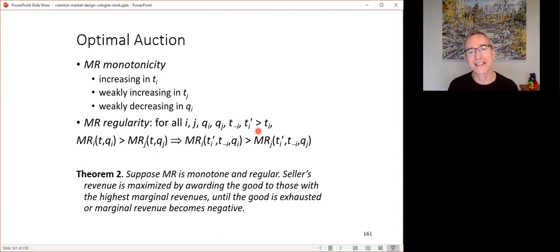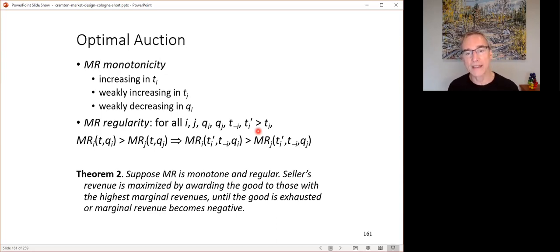And when it wasn't, then I needed to use ironing in order to make sure that the probability of trade would be monotonic in type. And here we're going to get that monotonicity in type by making similar assumptions. So really it is analogous to the single item case.